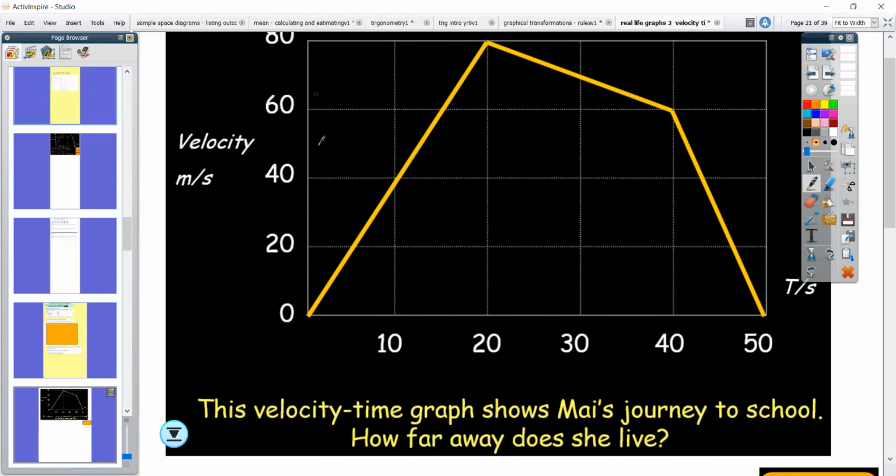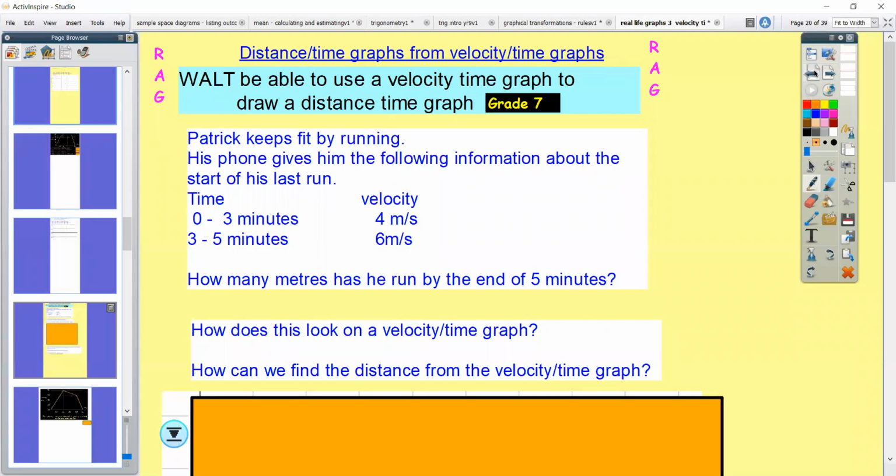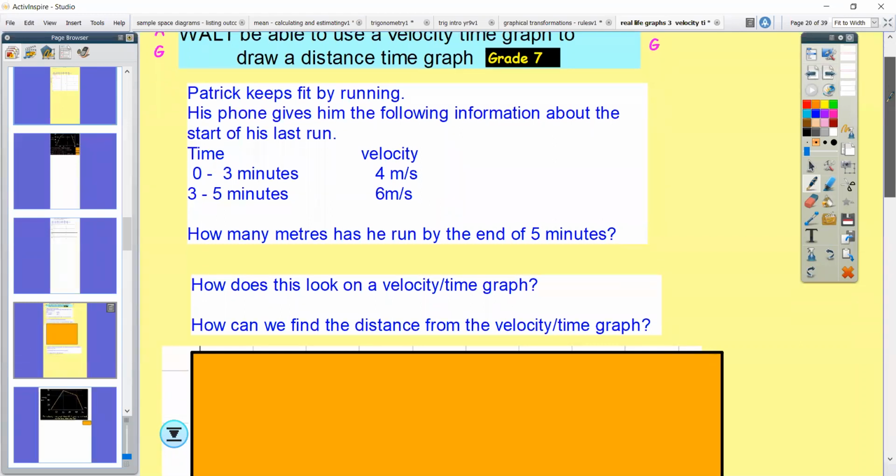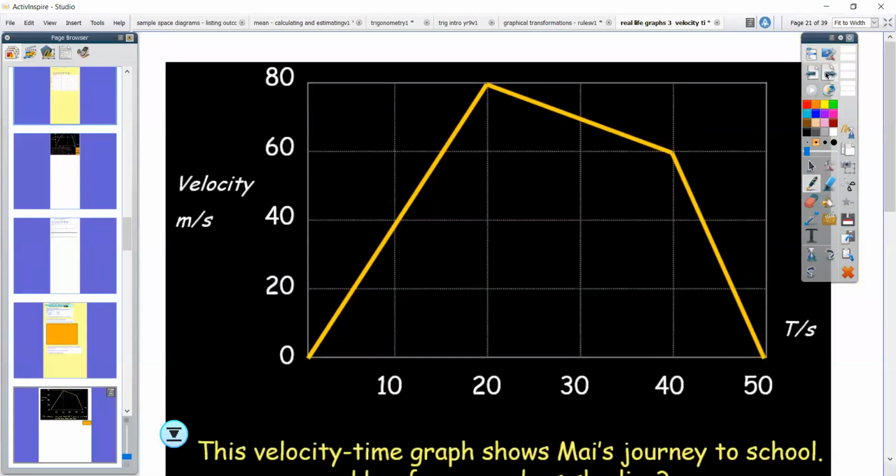If I'm going 80 meters per second for 20 seconds, that's 80 times 20, that's going to be 1,600 meters. Sorry, that's wrong, isn't it? If we're actually going from 0 to 80 here, from the previous part, what we should have identified is that the area under the graph gives us the distance. What I just said is the sort of error the student would make. They'd say 80 times 20.